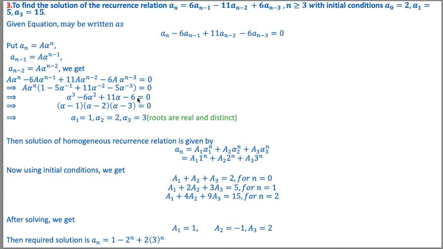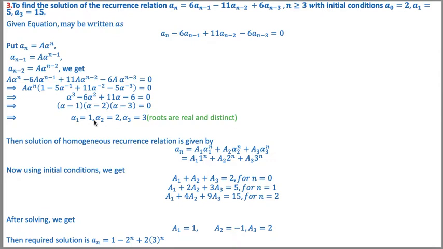Now we can easily factorize this equation, and the factors are alpha minus 1, alpha minus 2, alpha minus 3 equal to 0. It means this equation has 3 roots, 1, 2 and 3, and all the 3 roots are distinct.